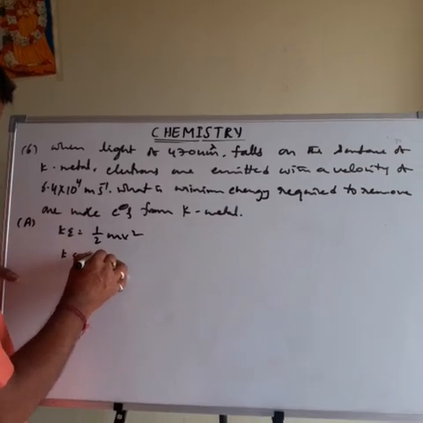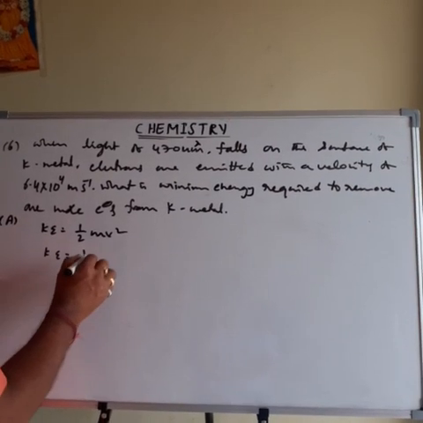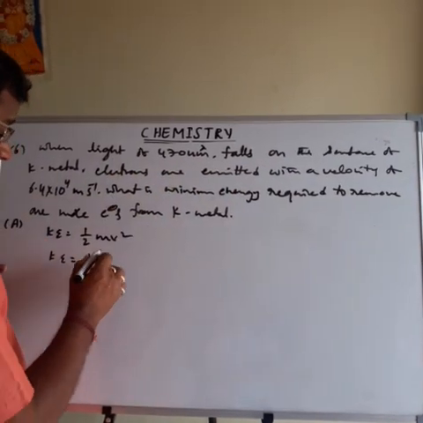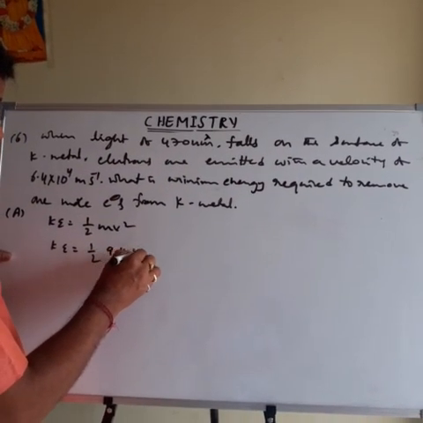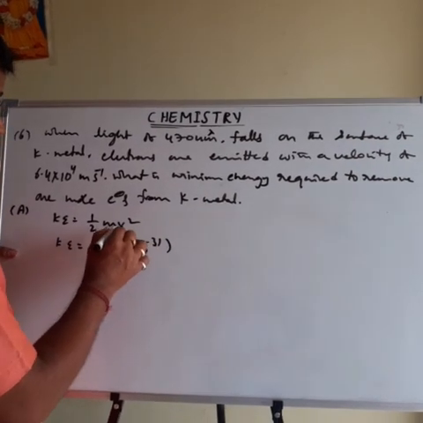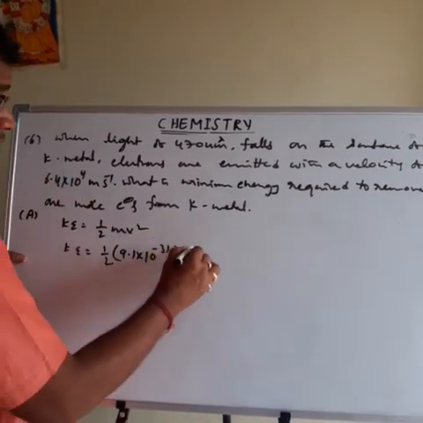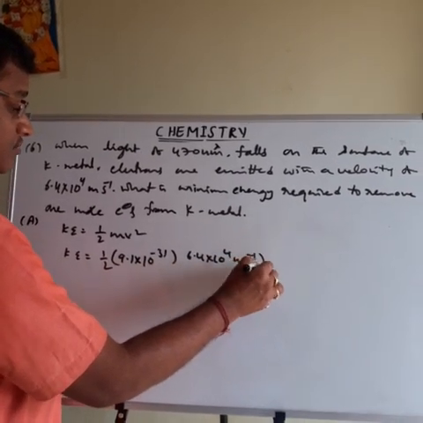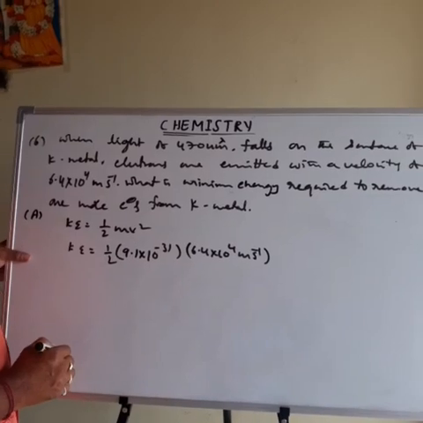Therefore kinetic energy is equal to 1/2 into m, electron mass. What they give? Electron mass 9.1 into 10 power minus 31 kilogram, into velocity they give 6.4 into 10 power 4 meter per second.